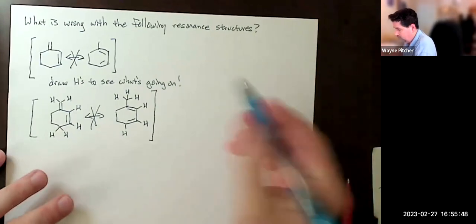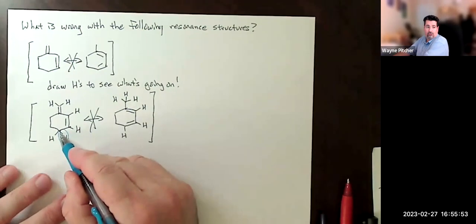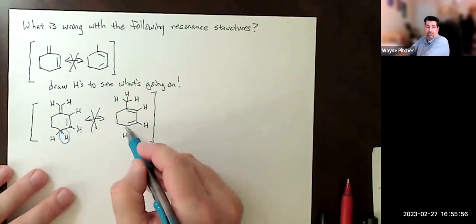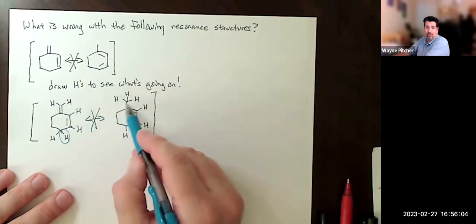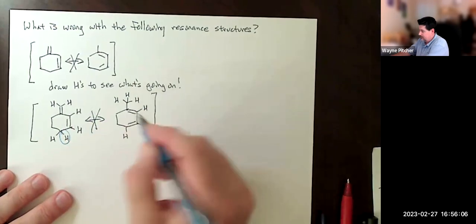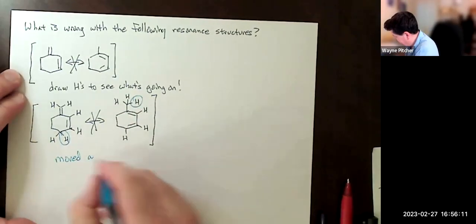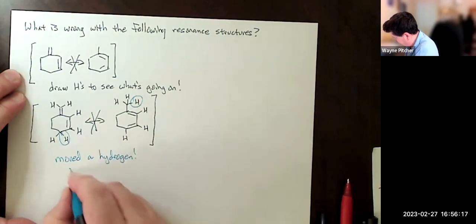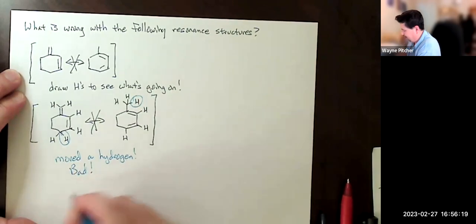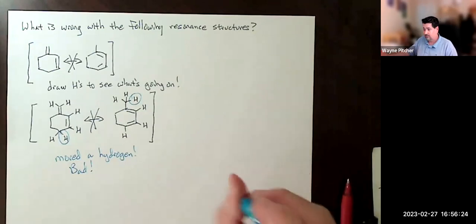What's our problem here? Well, notice that I have two hydrogens on this lower carbon here. And in my quote unquote resonance structure, I only have one. And I have two hydrogens on this top double bonded carbon. And in the quote unquote resonance structure, I have three. So I have moved a hydrogen. And that is bad for resonance structures. You're not allowed to move atoms.